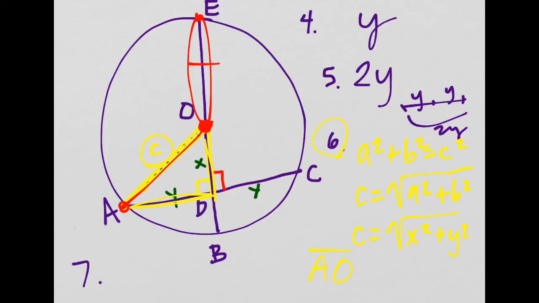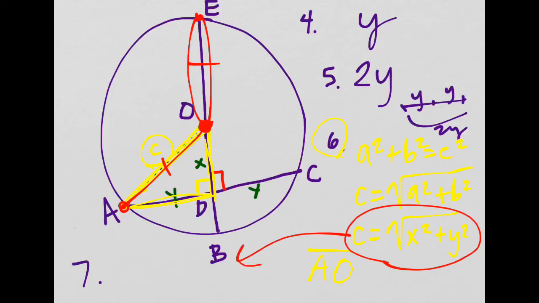So those have to be the same distance. It doesn't really matter what it is. I still don't know the number, but that's going to give me the same answer. So the answer to number 7 is that OB, or OE, is equal to the square root of x squared plus y squared.